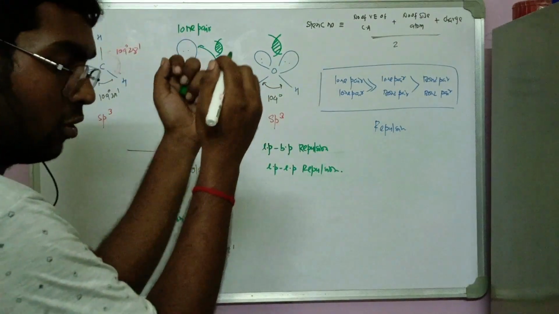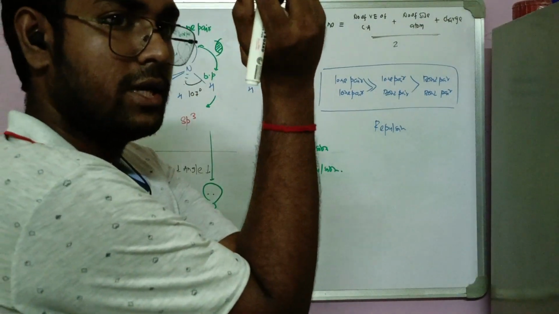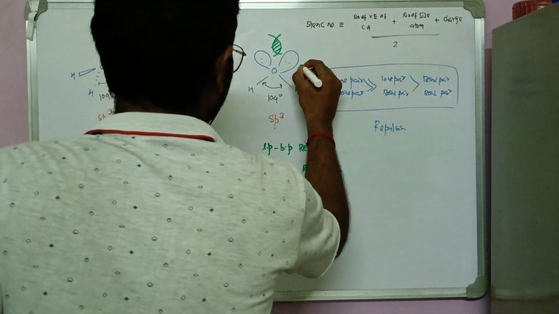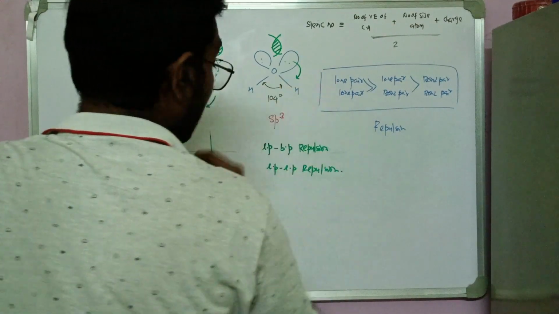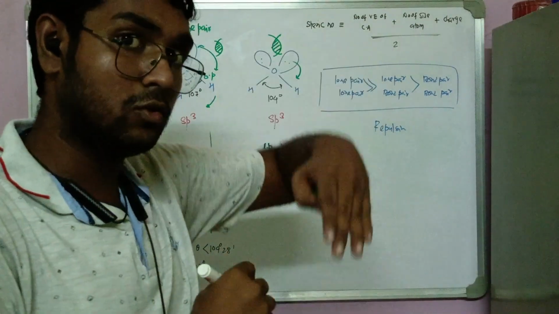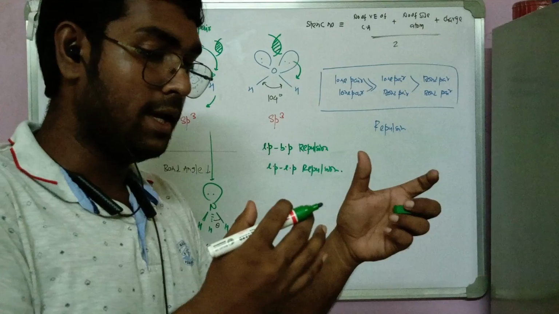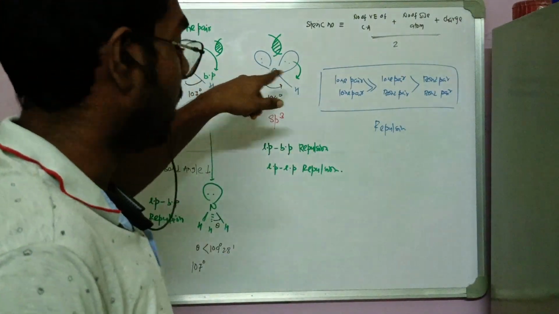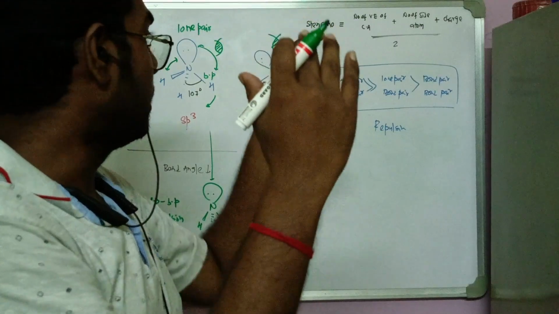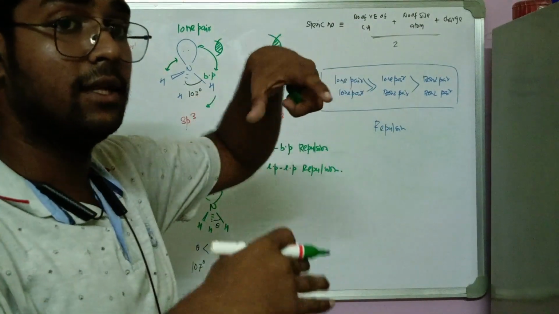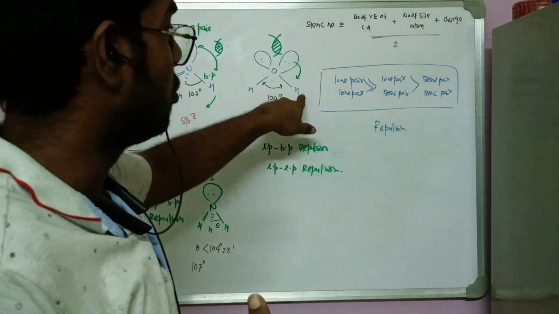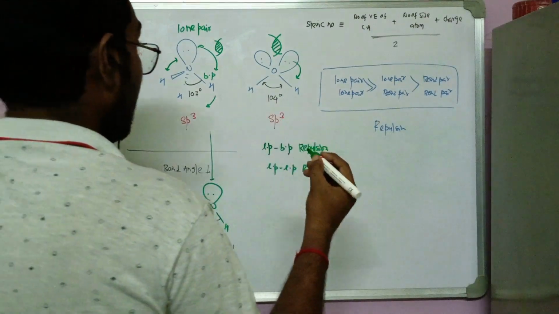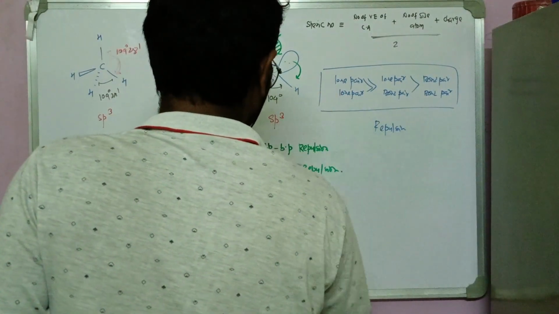So if two lone pairs are repelling each other, they will try to move apart from each other, and if they move apart, they will come closer to the bond pair, because they are all in a similar position, having tetrahedral geometry. If the lone pairs are getting apart, then simultaneously they will get closer to the bond pair, which will assist the lone pair-bond pair repulsion.